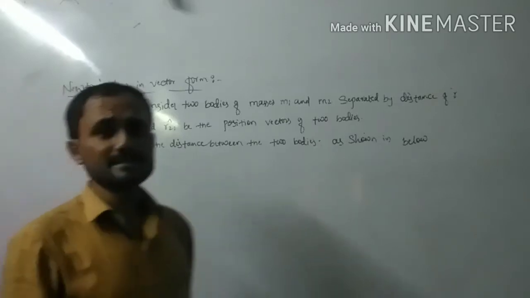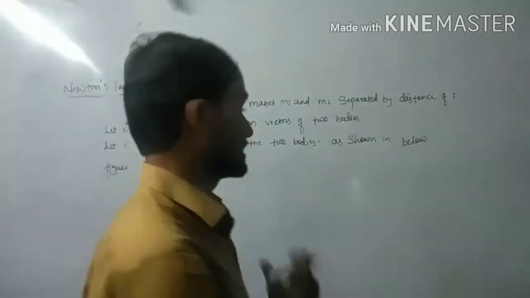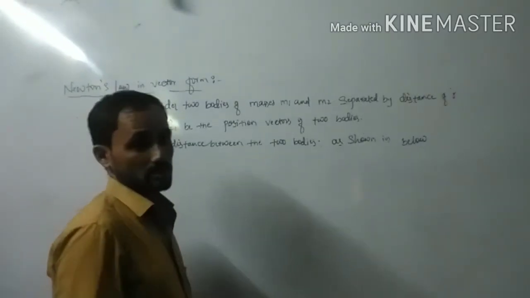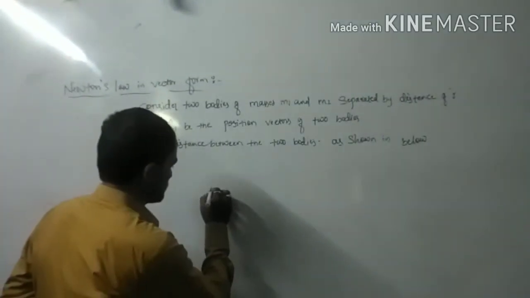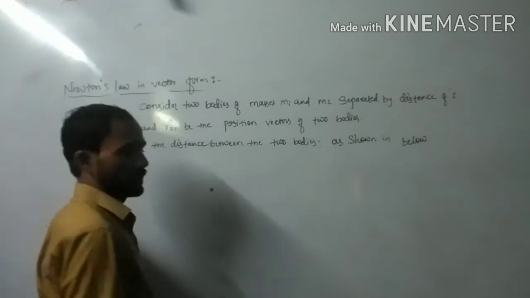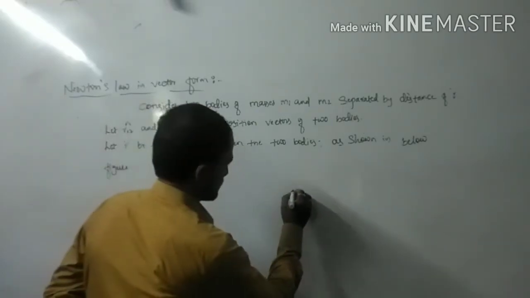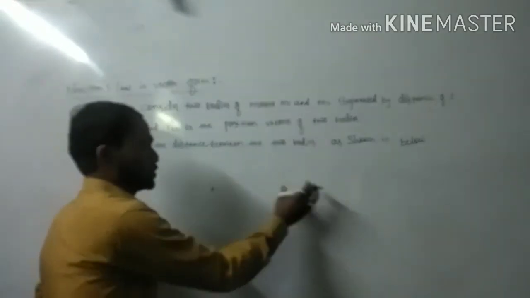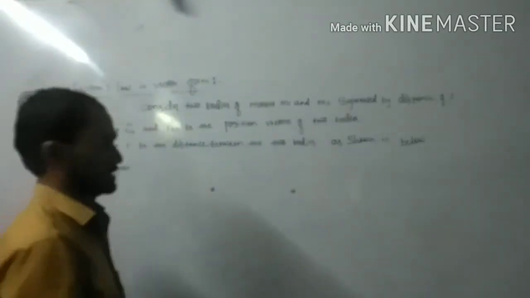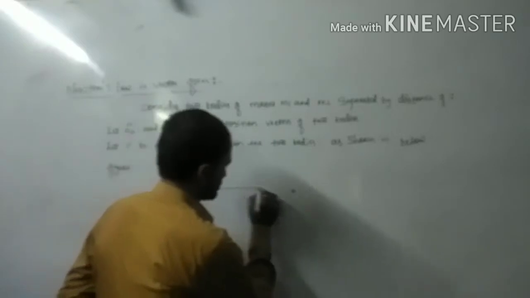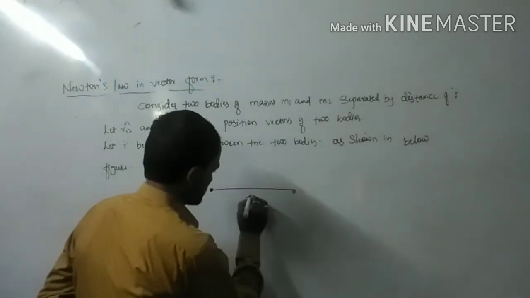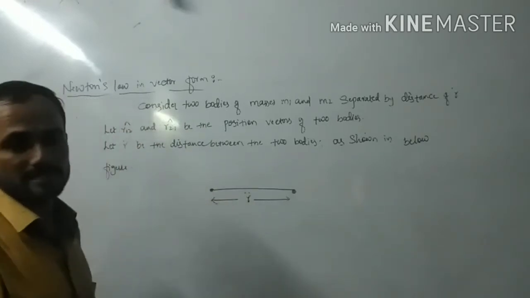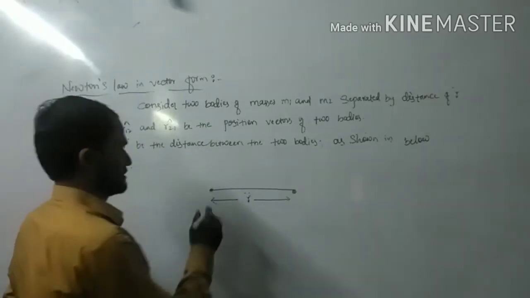Just as we write sentences, we should also write in the form of a diagram. We have considered one object and another object, two bodies. From here to here, this is the distance r, the separation between the two.